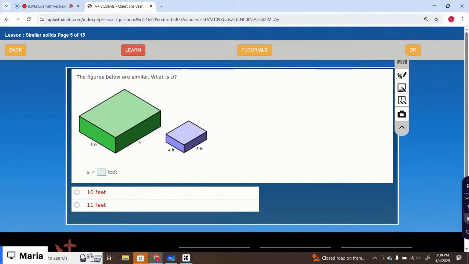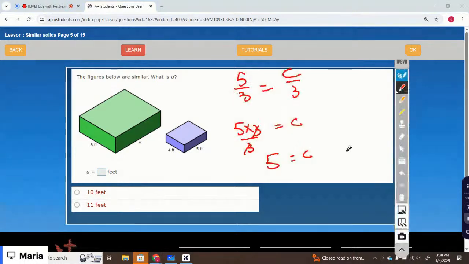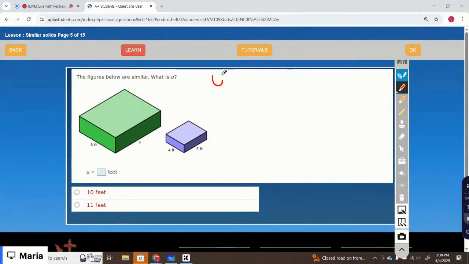The figures below are similar. What is U? That is U divided by 5 equals 4 divided by 8.